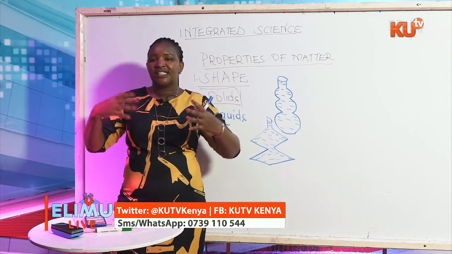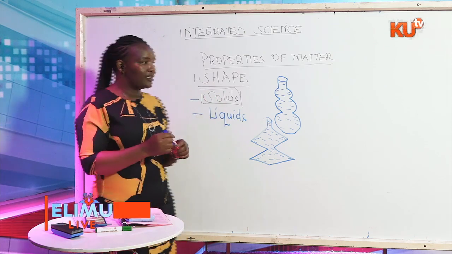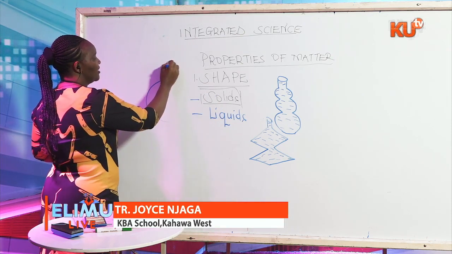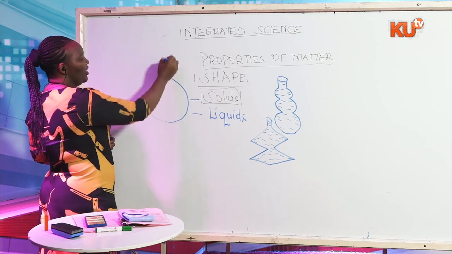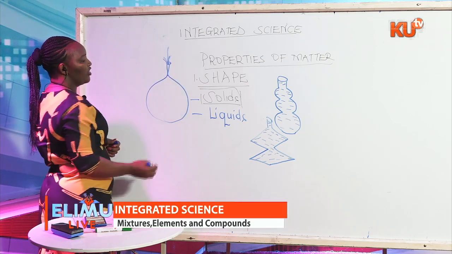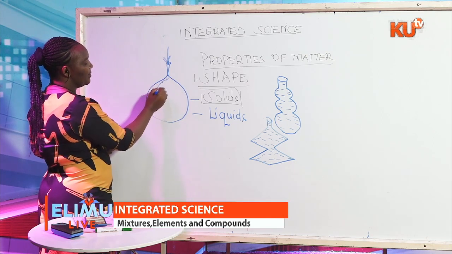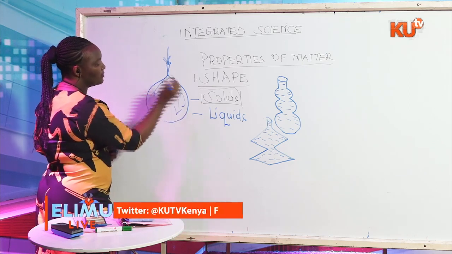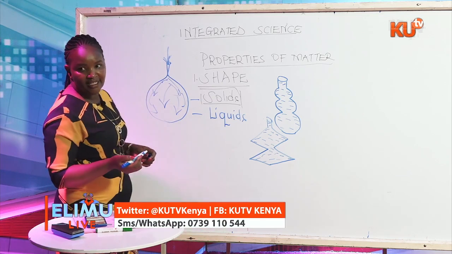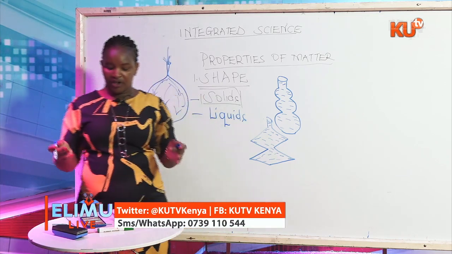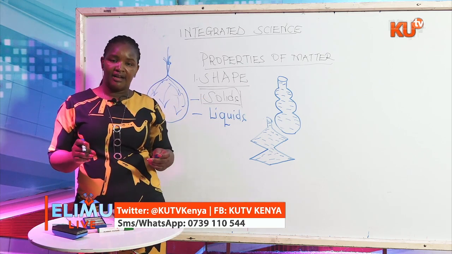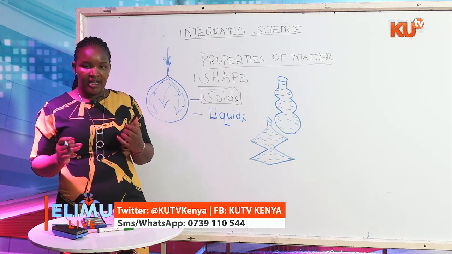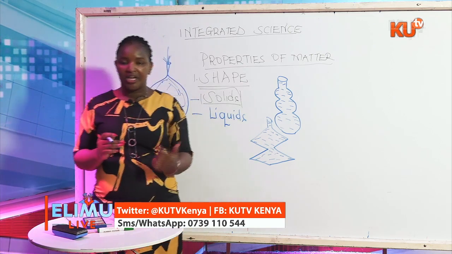Again, it is taking us back to the same thing. The most common balloons are the ones that are round. When you blow air in through the opening, through the mouth, because the particles in it are very far apart, the air is able to flow to all corners of that balloon, depending on how it looks. So the conclusion we make is that air does not have a fixed shape.